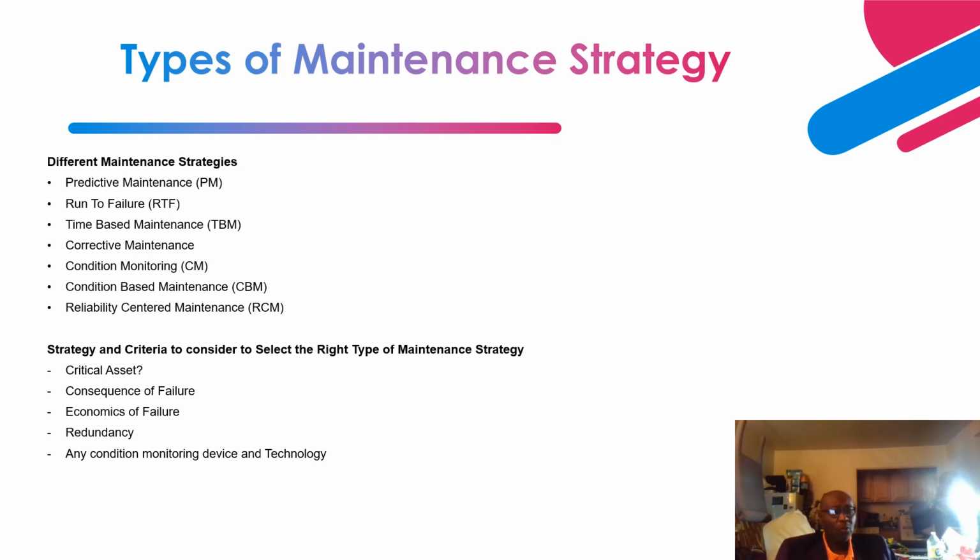One of the caveats tied to the run to failure maintenance strategy is that you should have a lot of spares. That itself pushes the envelope of your spare inventory, which is an additional cost. And you also have to think about the shelf life of the spares that you have in place, and also your inventory cost.